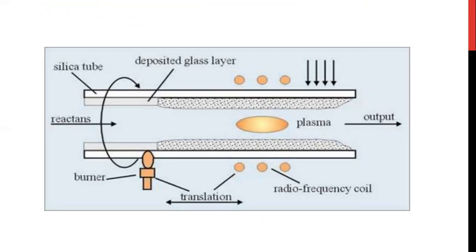The only variation when compared to MCVD is that the inside region, that is the core region, is converted from porous to homogeneous glass by using a plasma which is created by a radio frequency coil. All the other processes, that is creation of these reactants and all, are similar to that of MCVD.